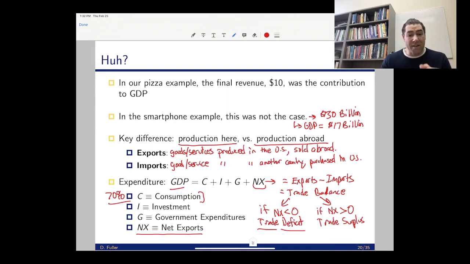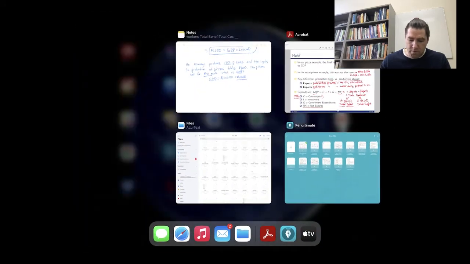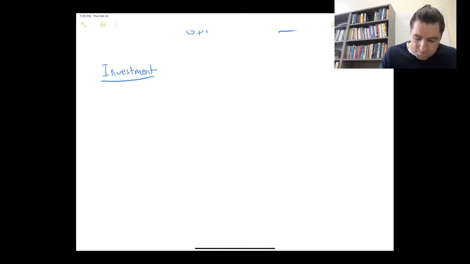The other one, investment. So I'm going to flip here if I can to a note to talk briefly about investment. Now, this investment is not what you typically think of as investment.